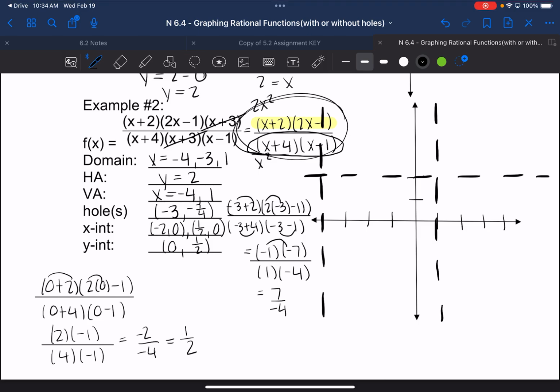Okay. We also said we had a hole at -3, -7/4. So somewhere down here that's -1 3/4. So somewhere in here we've got a hole. We also said we had x-intercepts at -2, 0 and +1/2. And a y-intercept at +1/2.